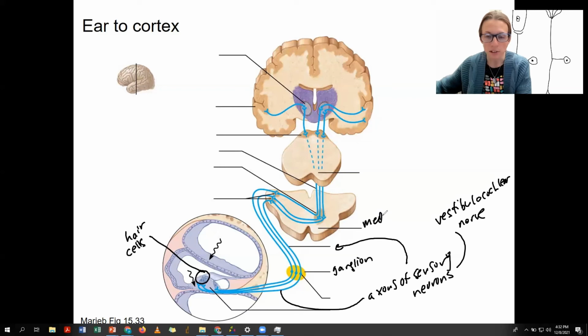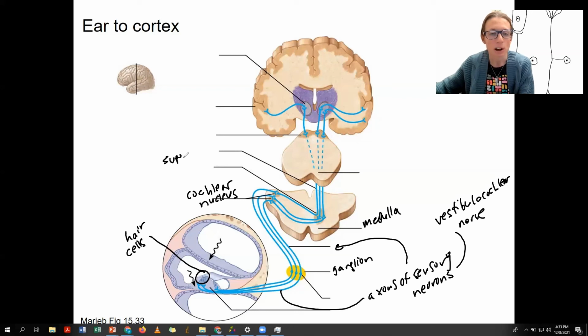So this sensory information is coming in to the brainstem, right, instead of the spinal cord, like the rest of our body below our brain. It's going to synapse in the cochlear nucleus, which is a specific nucleus in the midbrain. So that's this right here. The information then goes across. This is another nucleus.